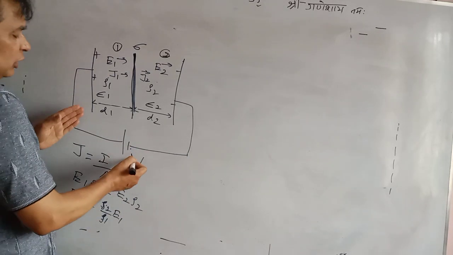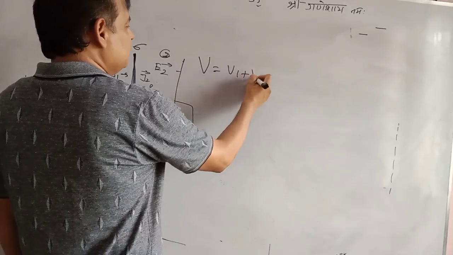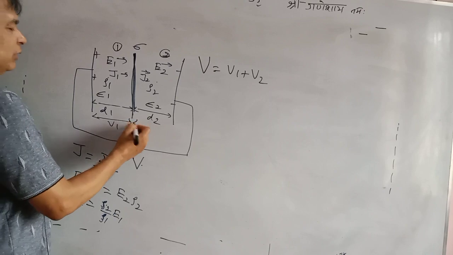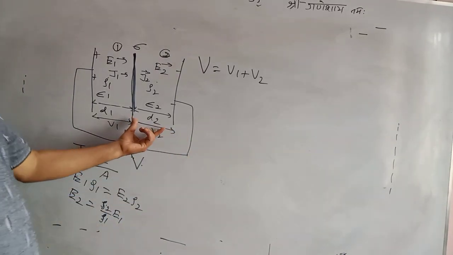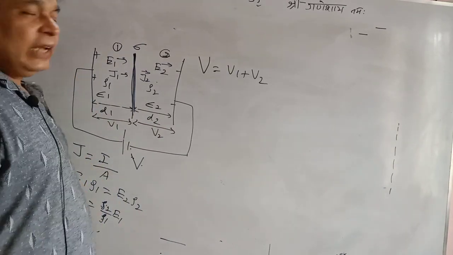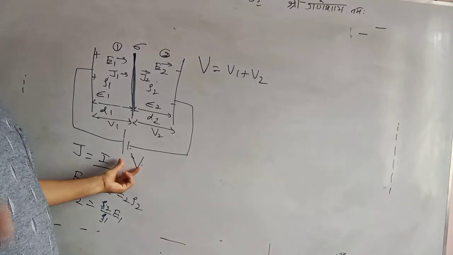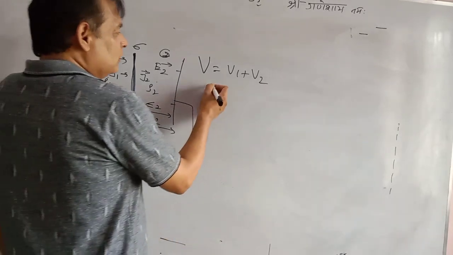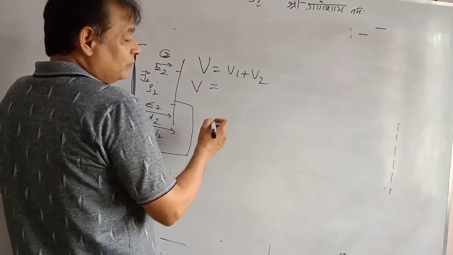If V is the potential difference across the two plates of the capacitor, we can write V as V1 plus V2. V1 is the potential difference across the first layer, and V2 is the potential difference across the second layer. They are in series, that's why the applied potential V, which is given in our question, equals V1 plus V2.